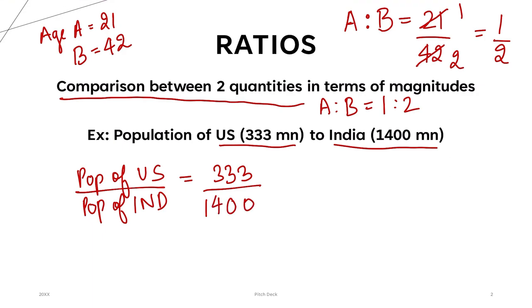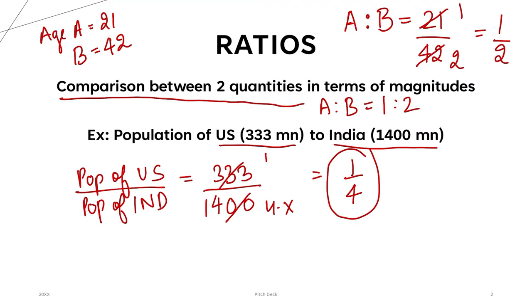I'm not going to do the perfect division, but it will come out to be 4 point something, so let's take 1 by 4, just an approximation. This means the population of India is 4 times the population of the United States of America. I hope this is clear, what ratio is and how ratio helps in the comparison.